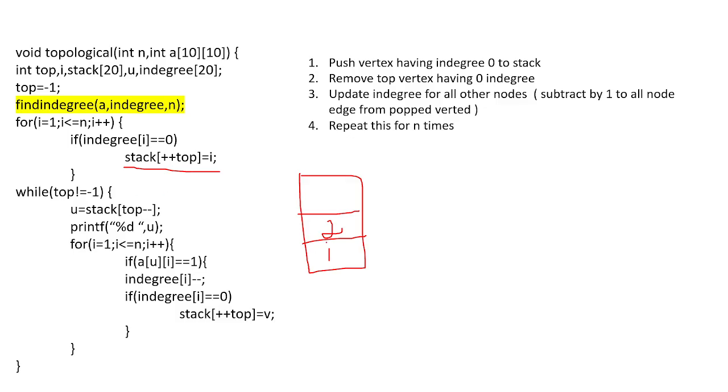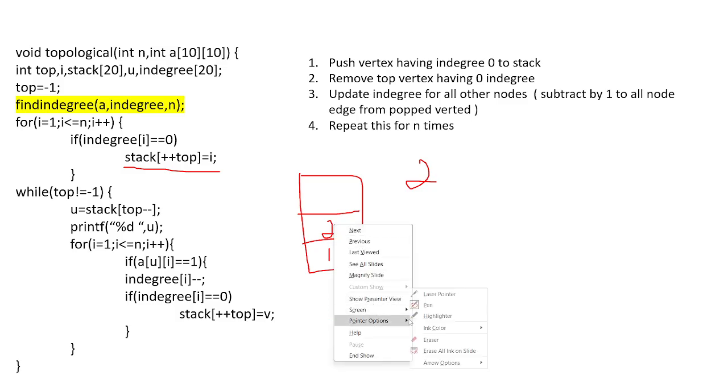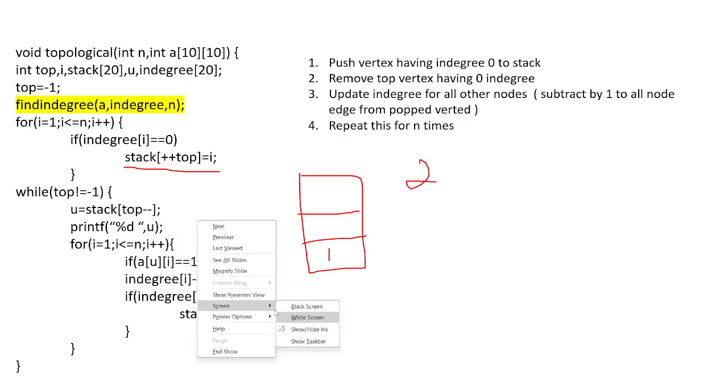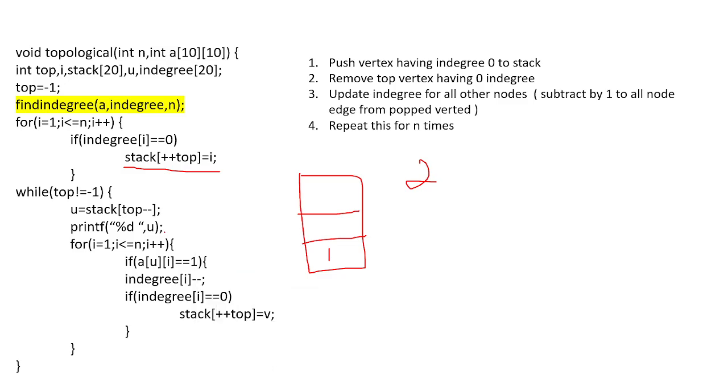While the top is not null, remove that top; 2 is removed from the stack. I will be removing it by erasing. This is the stack content. You print that one. 2 is printed.